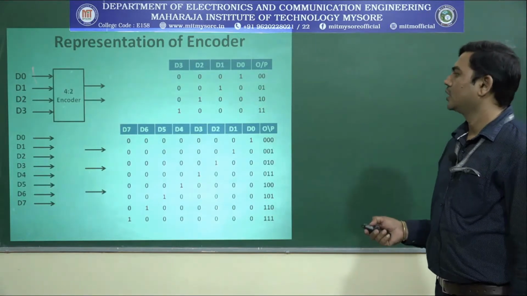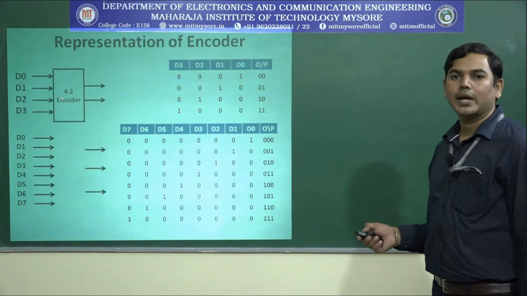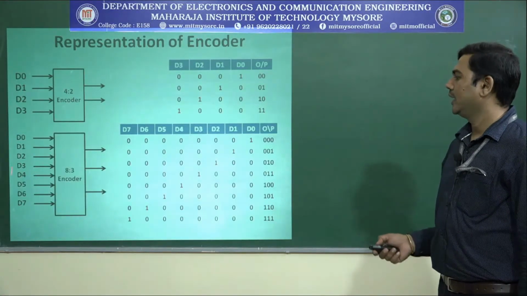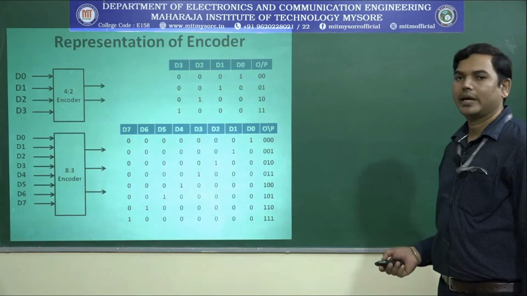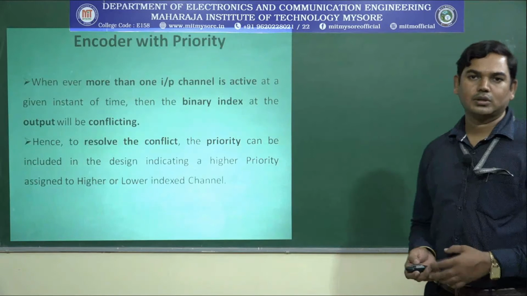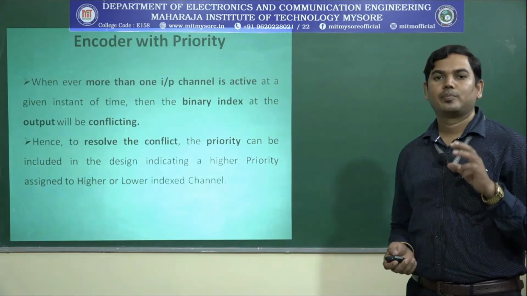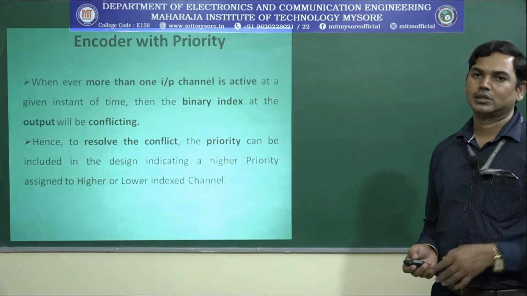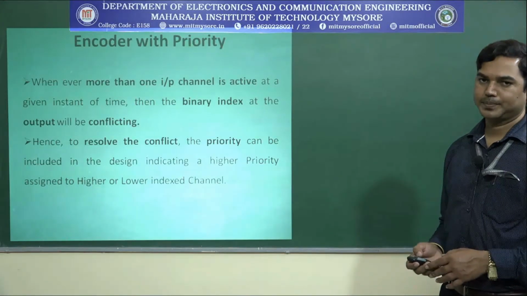So, we have a 4:2 line encoder, and we have an 8:3 line encoder. A question arises: what will be the output index if you activate 2 or 3 lines together at the input?